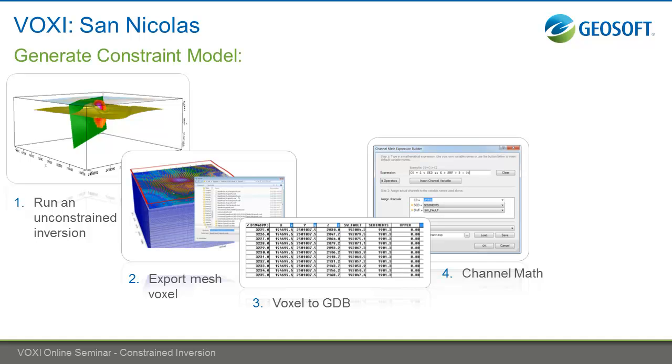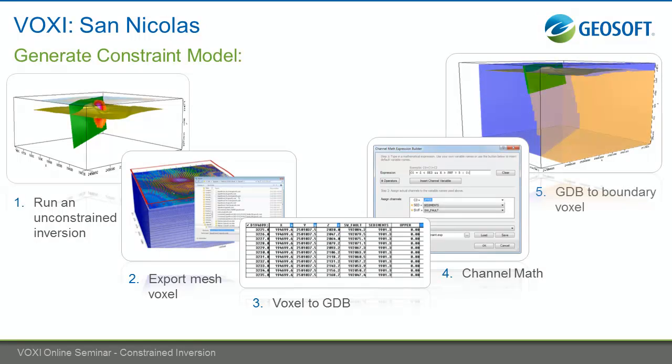So for simplicity, what I can say is if the Z value of a voxel element is less than the sediments, then set this value to be large, and if the Z value is greater than the sediments, set the upper bound to be small.